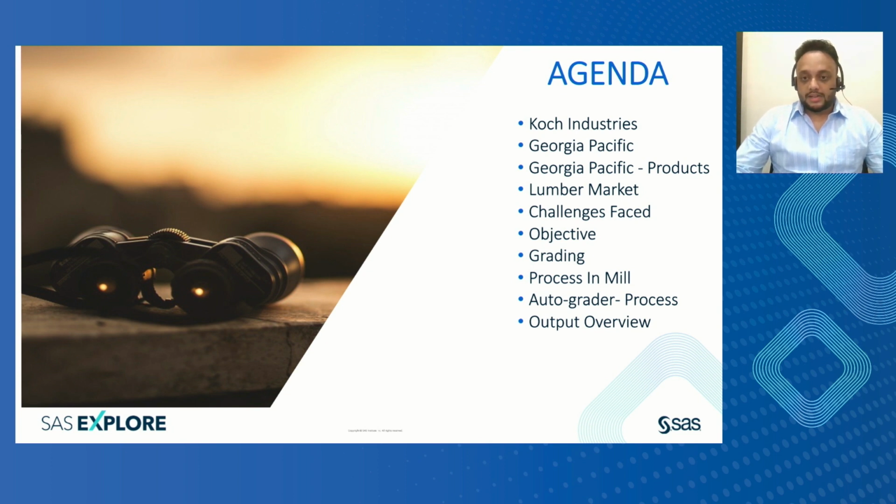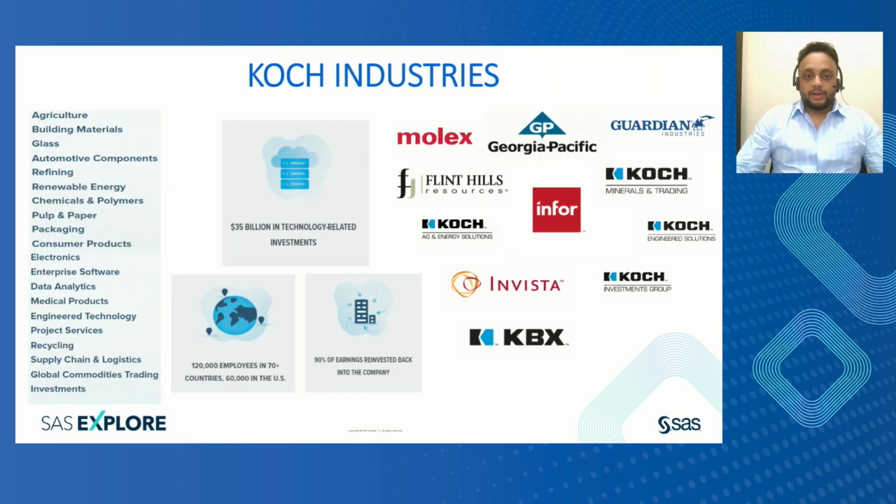Let's start with the first slide regarding our company. Koch Industries is one of the largest private companies in the world. We have a bunch of companies working in various domains. Molex, GP Georgia Pacific, and Guardian Industries deal with glass manufacturing.